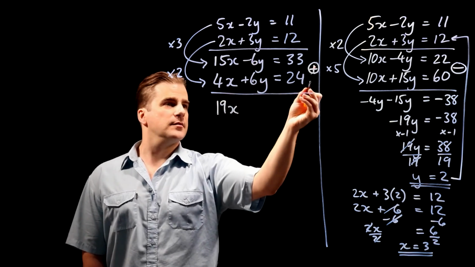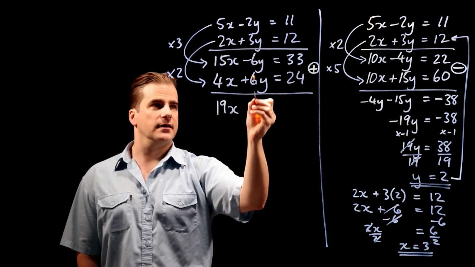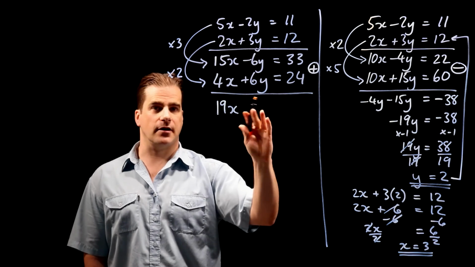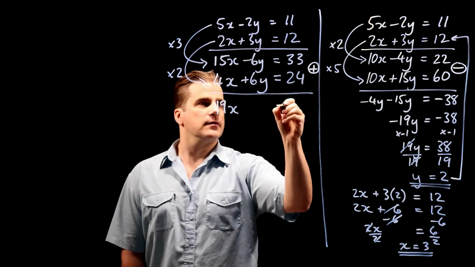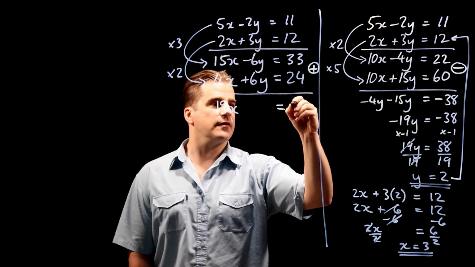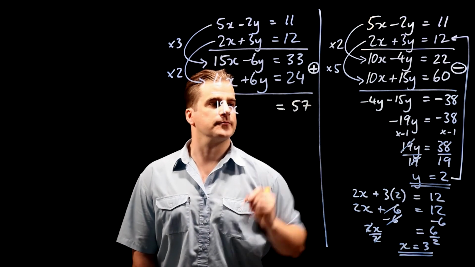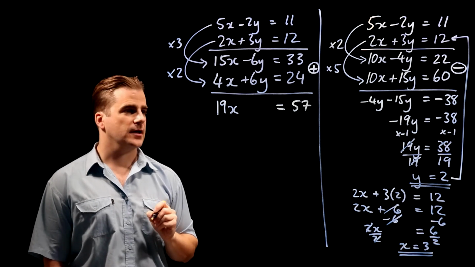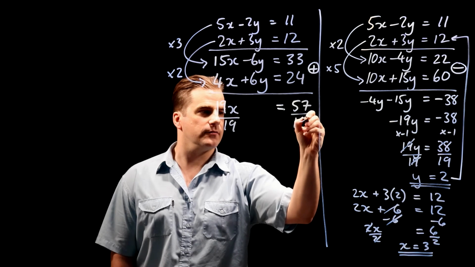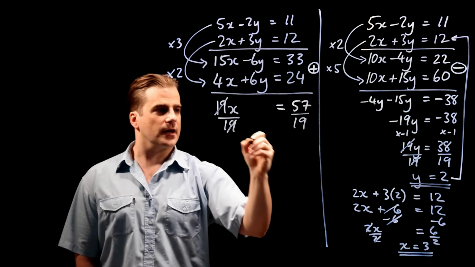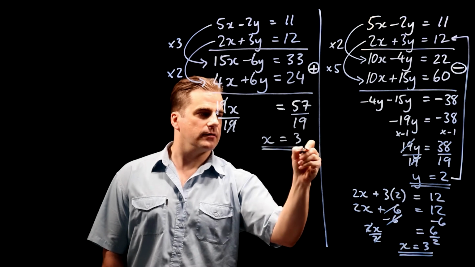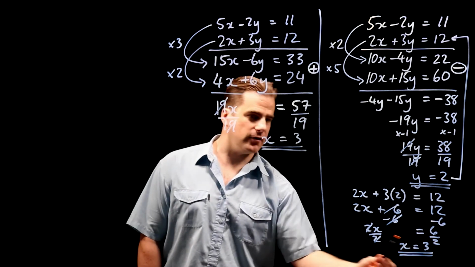Minus 6y plus 6y is 0, so gone. 33 and 24 is 57. Okay. Divide both sides by 19 to get x by itself. And we get x is 3, which is exactly what we got before.